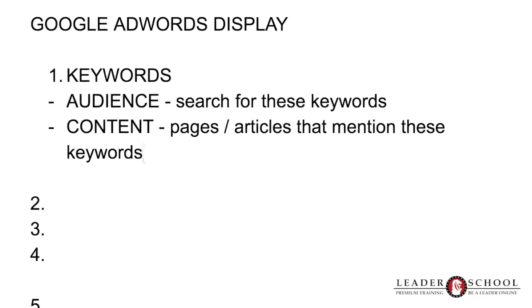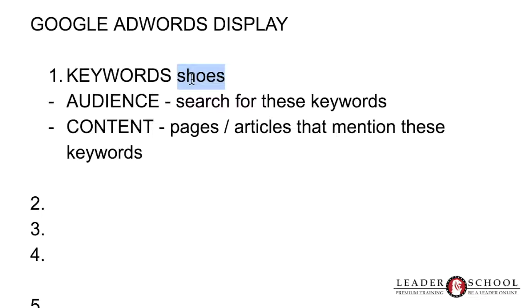So let's take an example. For example, if you want to target the keyword shoes, Google will show in the GDN network, in every website that belongs to this network, your banner, your image ad, and it will show this image ad only to people that have previously searched or have a high interest in shoes.